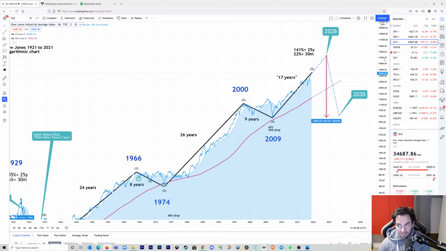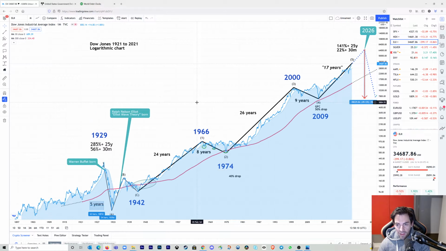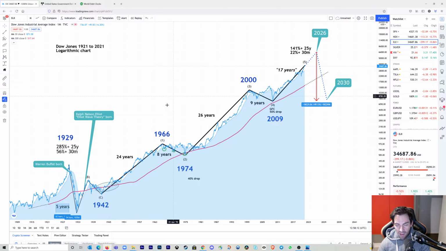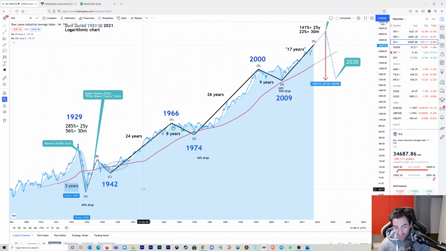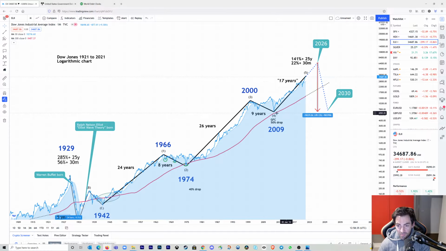Those are some of the factors. So in a nutshell, that's how the Elliott Wave Theory is looking, and it just looks so textbook, to be honest. It just looks like this could happen. If we did drop, let's say in 2026, so 5 years' time, let's say we get up to those same levels that we were seeing in 1929, and we did drop 89%, which is what we dropped back then, that would bring us back down to pretty much exactly the GFC levels back in 2009.